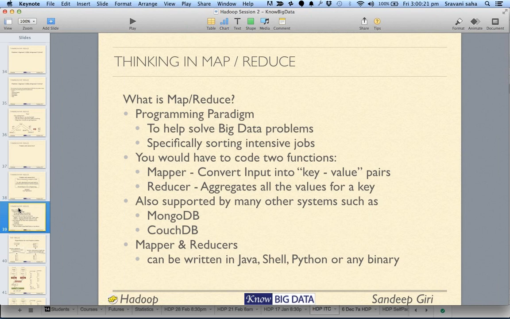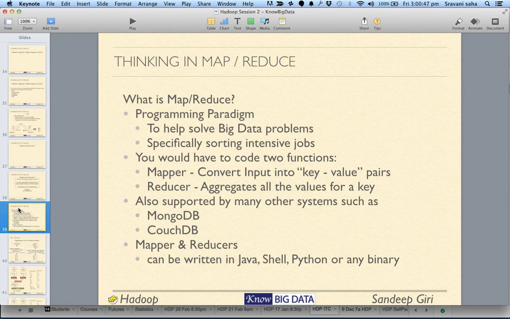Okay, reducer aggregates it. Just like we did a group by, we picked up a word that group by this key. Similarly, mapper essentially says group by this key, and this is going to be my value which needs to be grouped by. And reducer essentially takes all those values which are aggregated together by the whole paradigm.